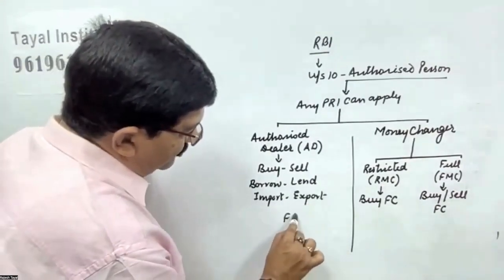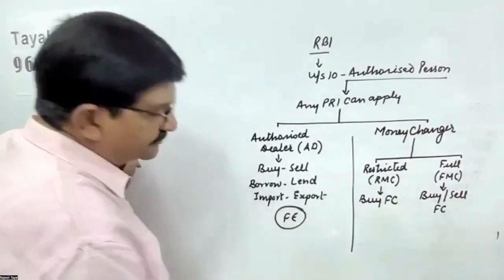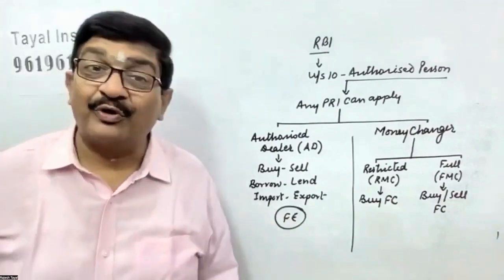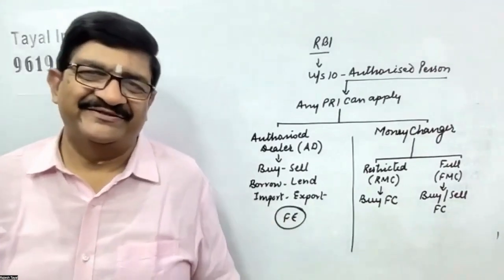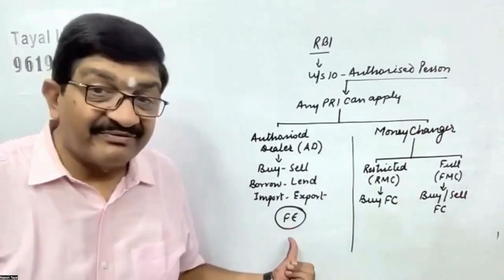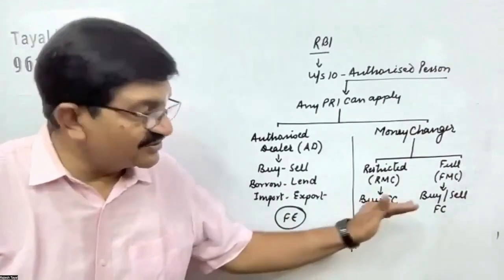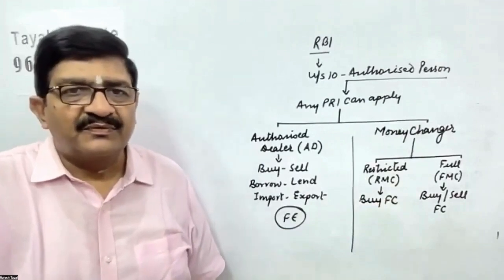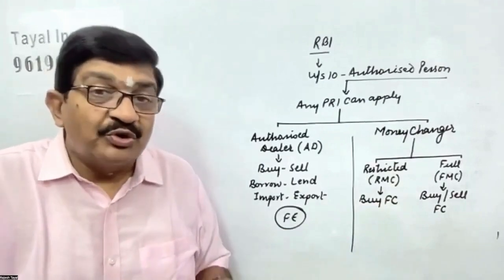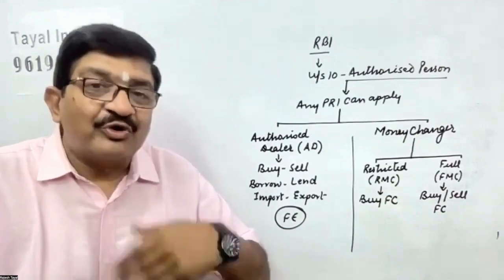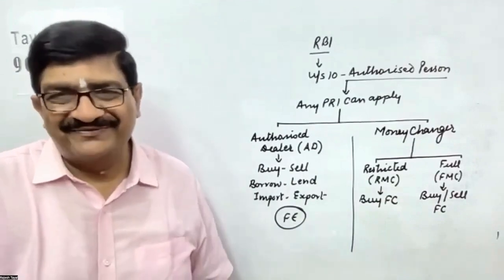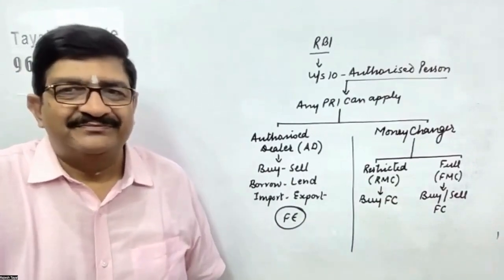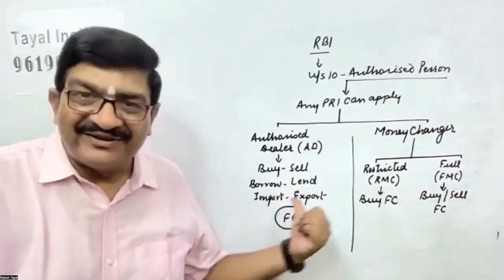All this is related to foreign exchange. This is the biggest difference actually. This is foreign exchange. This is only foreign currency. So who is going to handle the inward remittance or outward remittance of foreign exchange? Only the AD. Why? The answer is here.